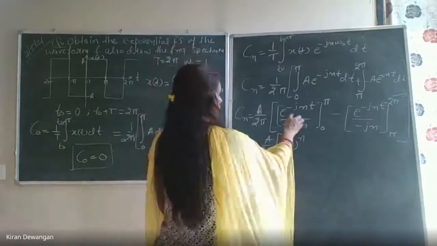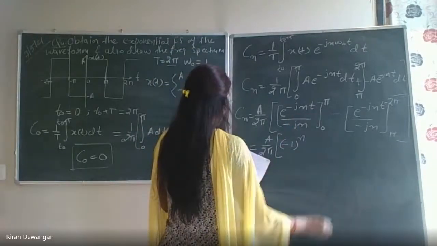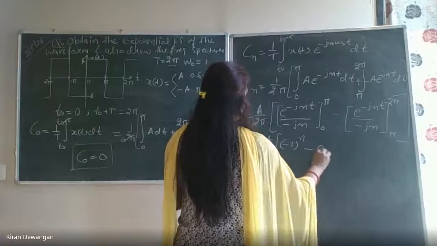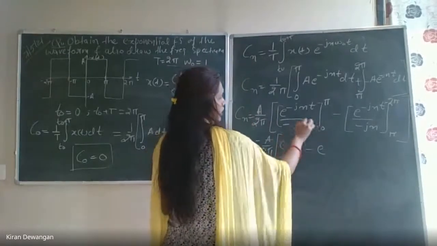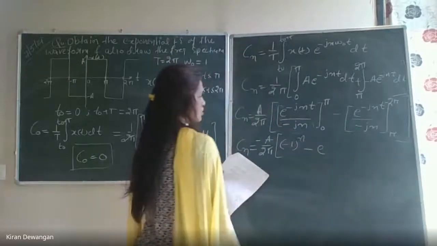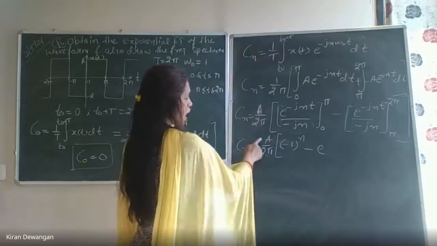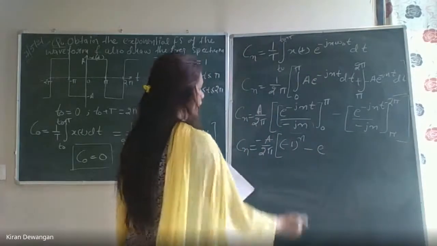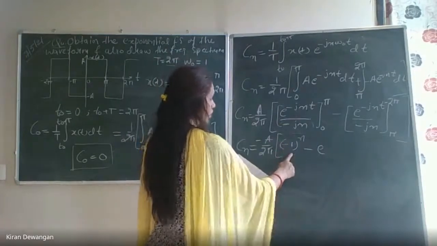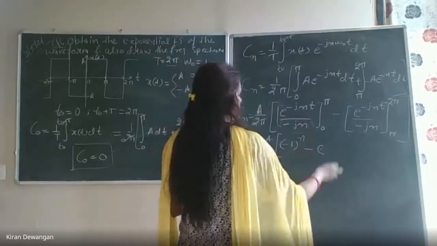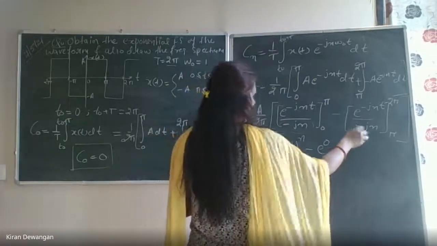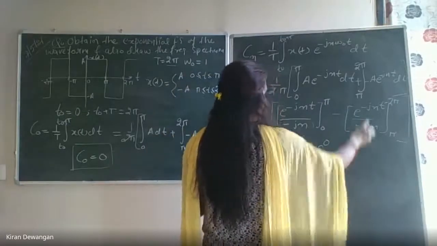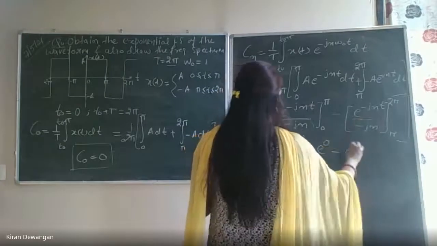Here minus is also taken out. From here also I am having minus j, here also I am having minus j. So I am taking minus a outside, minus a by 2 pi. This becomes minus 1 to the power n, and this is e to the power 0. Then minus, this is again e to the power minus j n 2 pi.